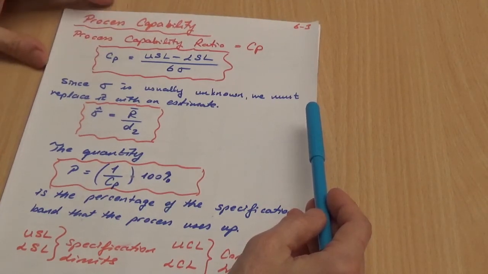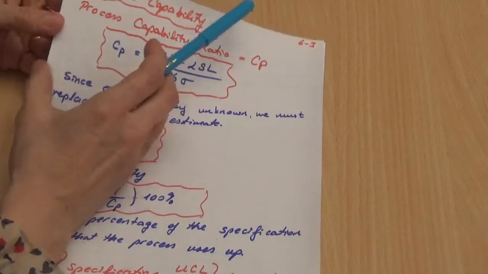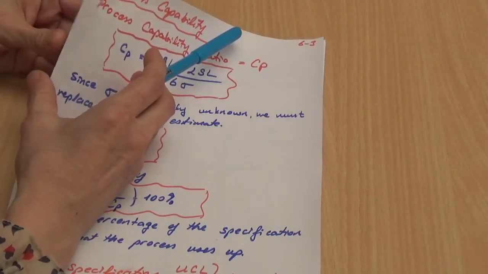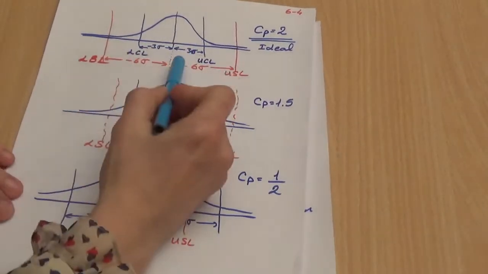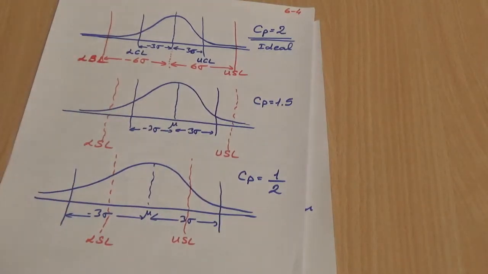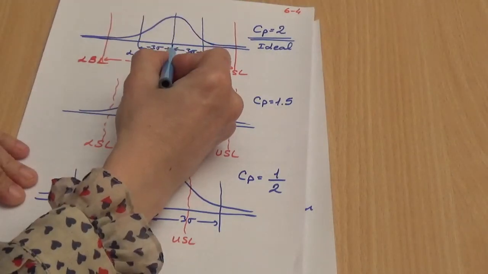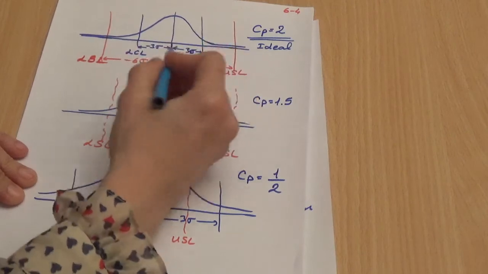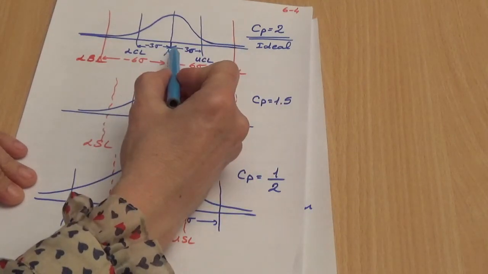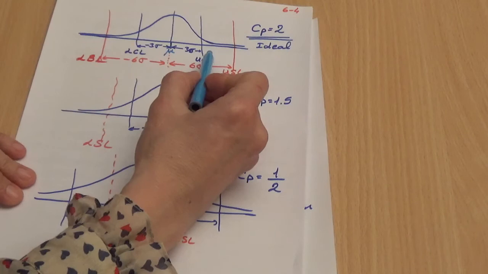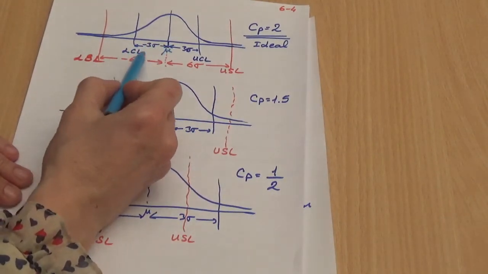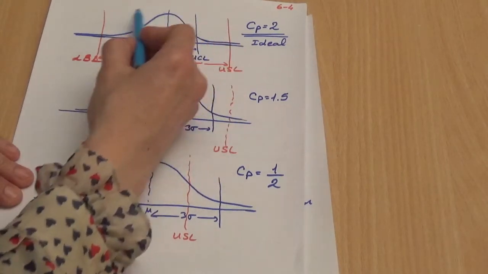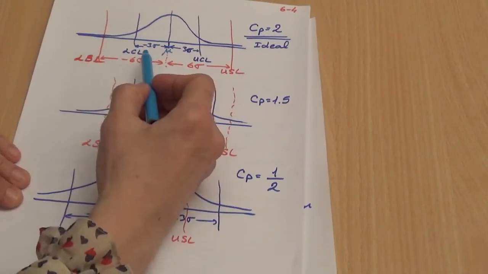I will show you the examples of process capability when we draw the line. For example, what we target is the mu, and positive 3 sigma is the upper control limit, negative 3 sigma is our lower control limit. So this is our production.